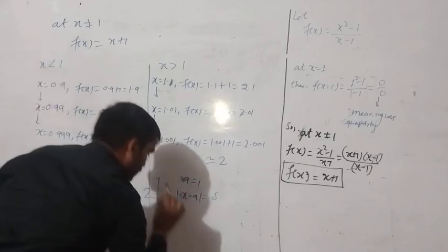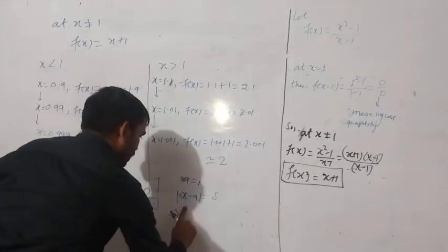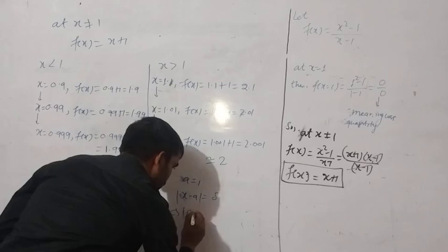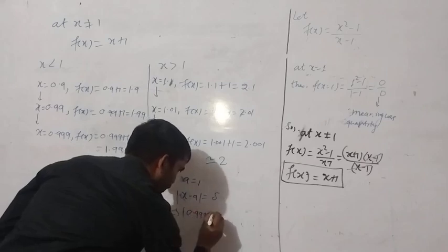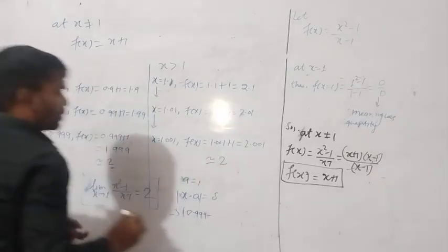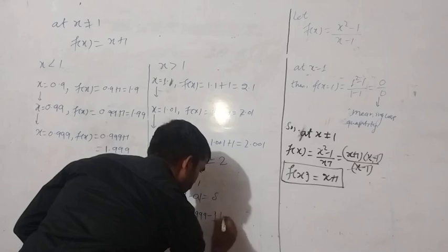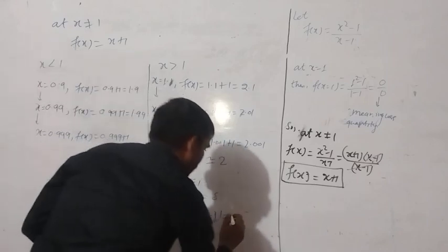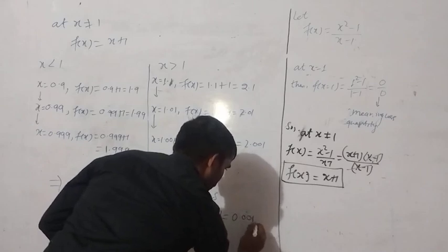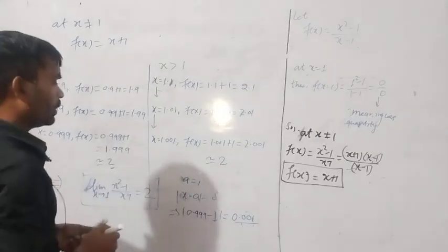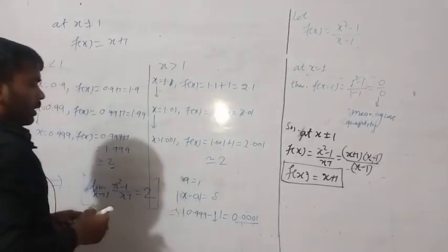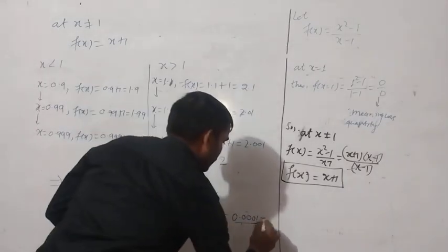So we can take x equal to 0.99 minus a, which is 1, and we simply find 0.0001. Let us suppose this is the delta.